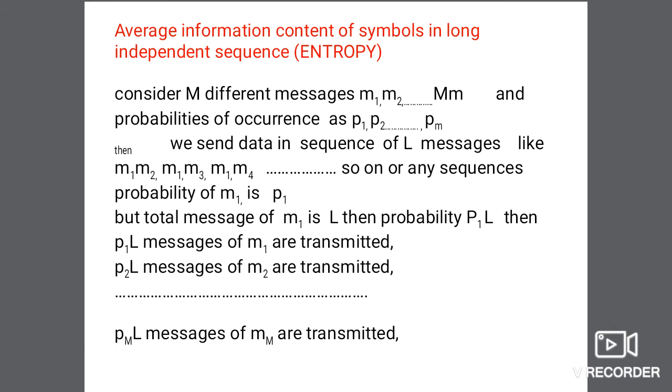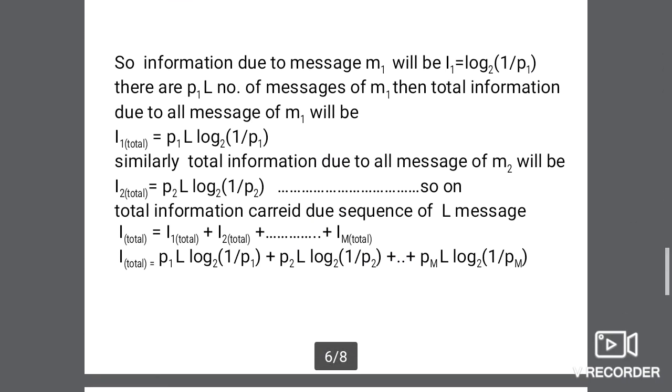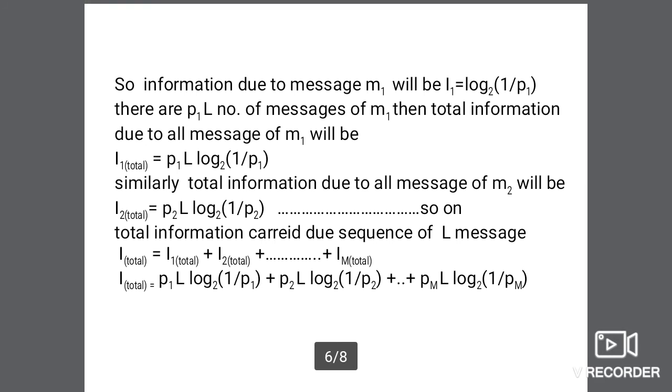Here P1L messages of M1 are transmitted, then P2L messages of M2 are transmitted, and P3L messages of M3 are transmitted, and so on, and PmL messages of Mm are transmitted. So the information due to message M1 will be I1 equal to log base 2 of 1 upon P1.